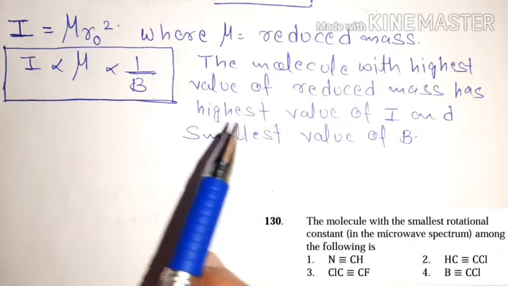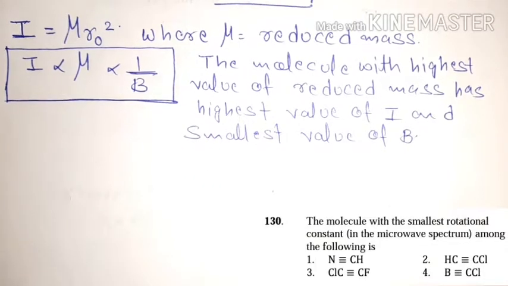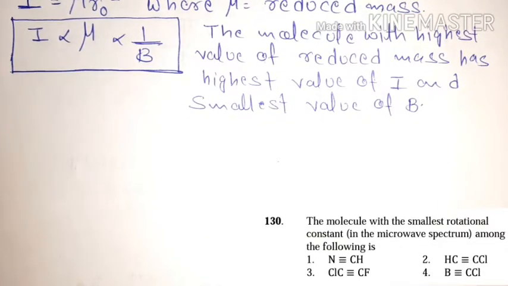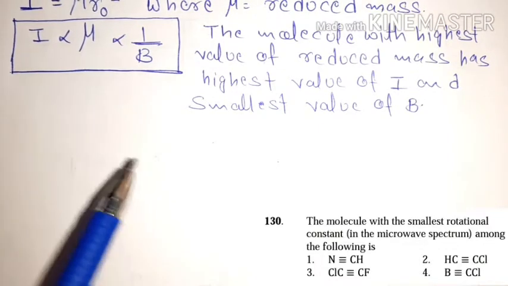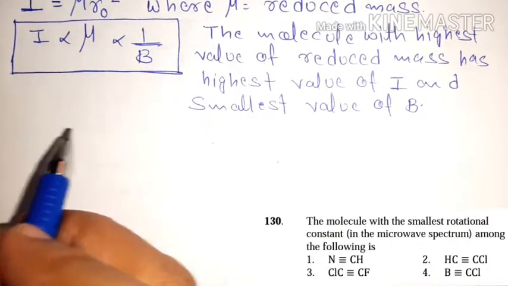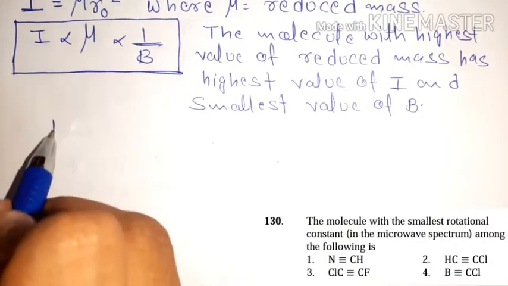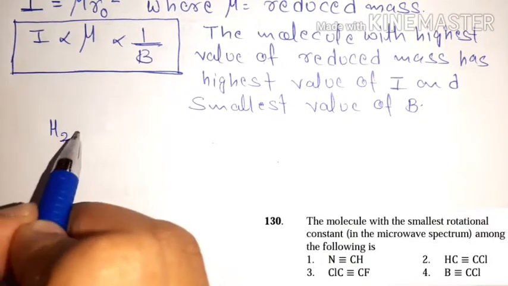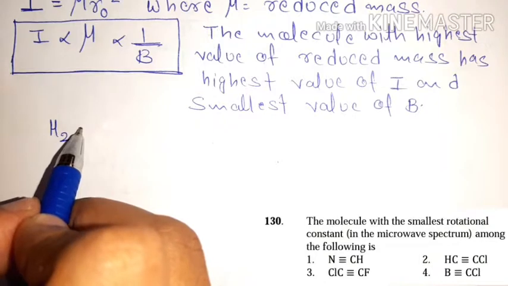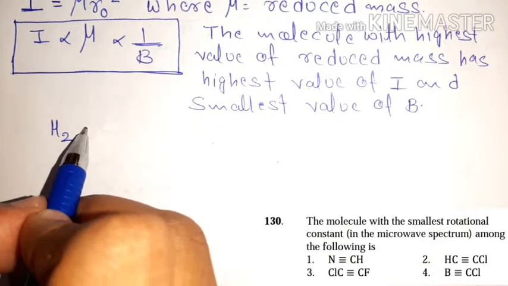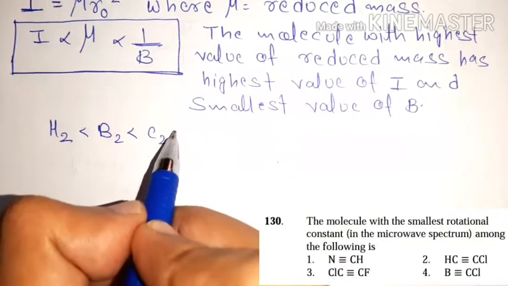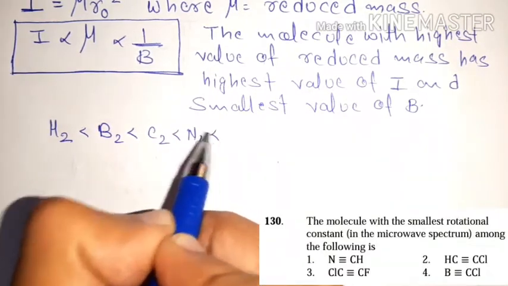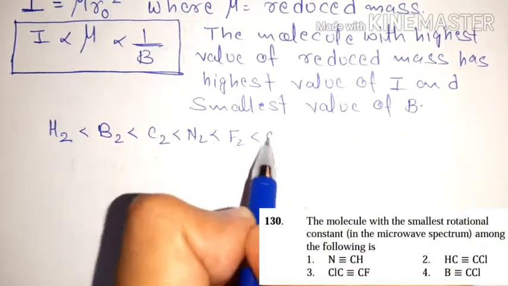First of all you must place the correct order of the reduced masses of the molecules. The correct order of reduced mass of the respective molecules is H2, then B2, then C2, then N2, then F2, then Cl2.